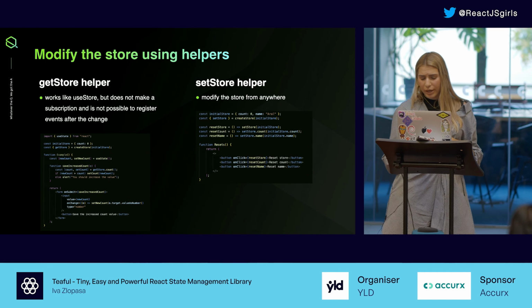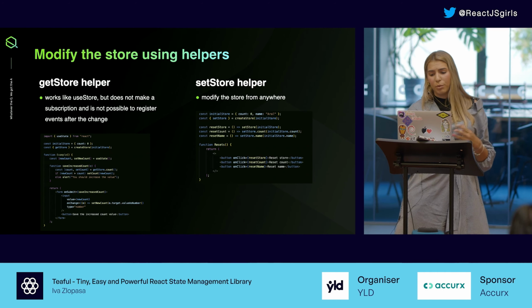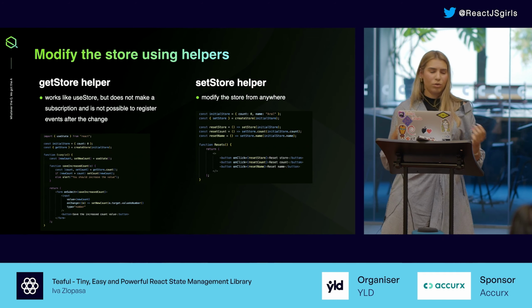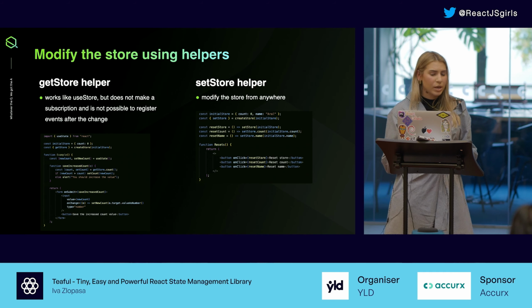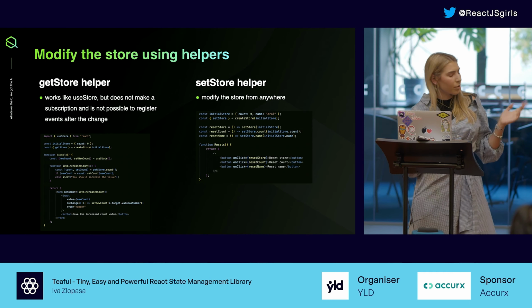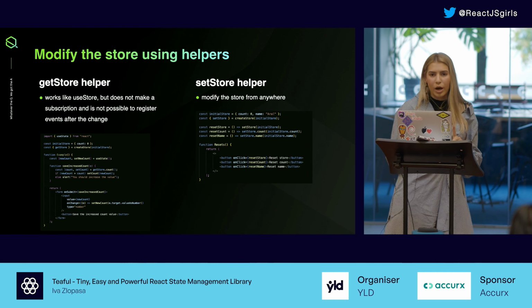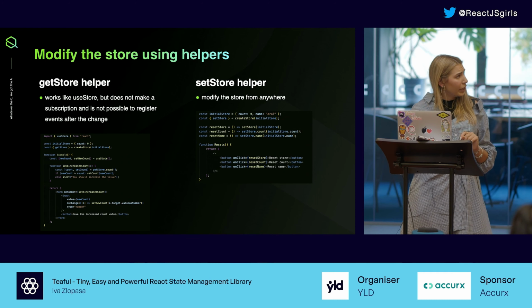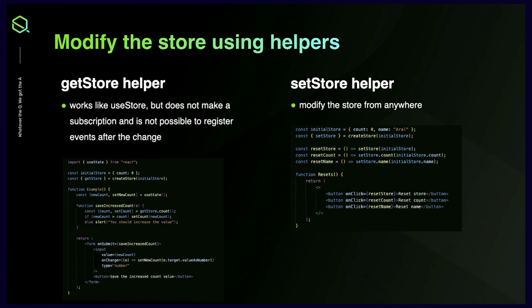And the set store helper is here to modify the store inside or outside our components. In this example, we are resetting the store count or name. Also very easy. We are just taking the piece of the store we want to reset, like a one-liner.